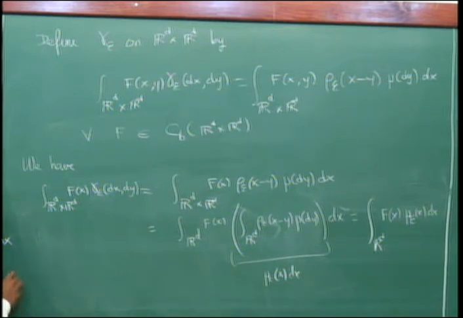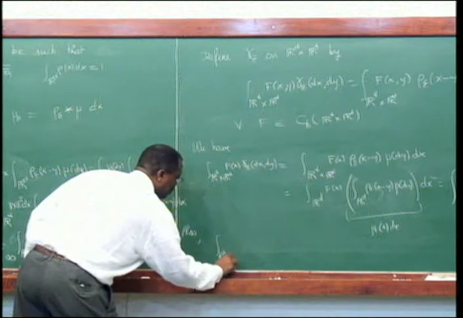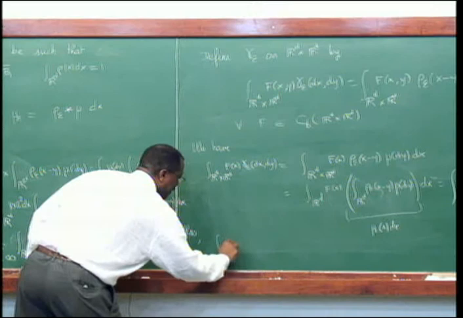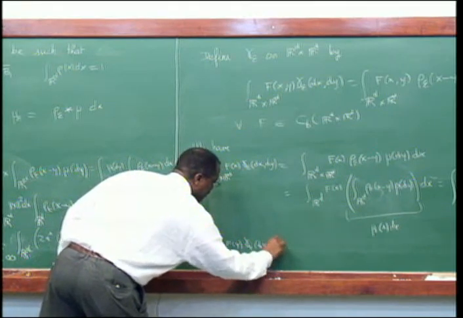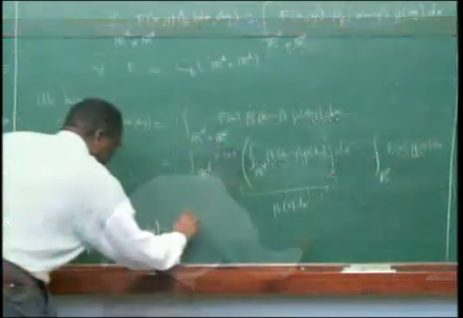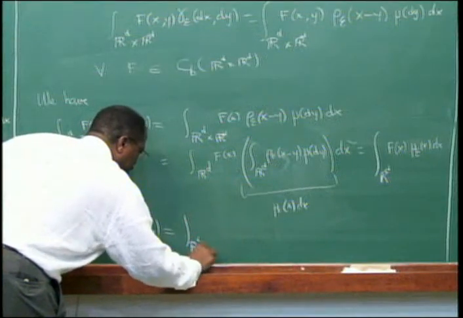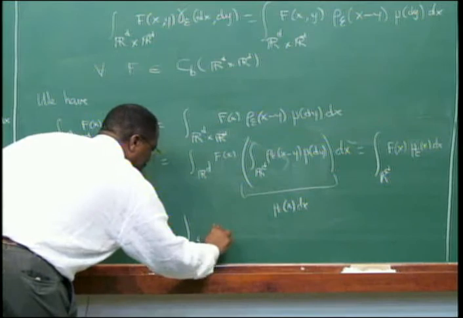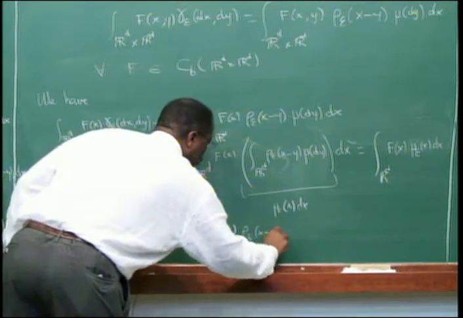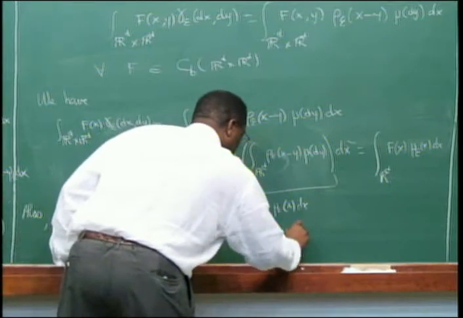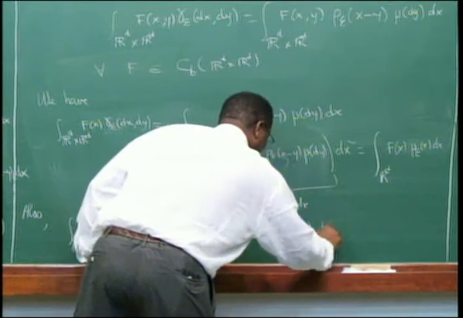Also, for the second marginal, the integral over Rd cross Rd of f of y, gamma epsilon ds dy, is the integral over Rd cross Rd of f of y, rho epsilon of x minus y, mu dy dx.